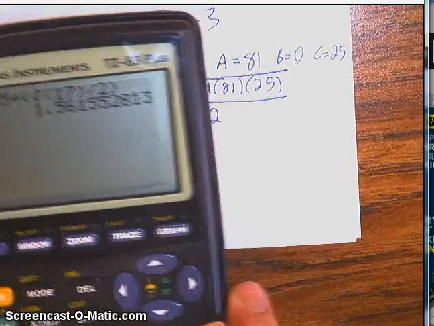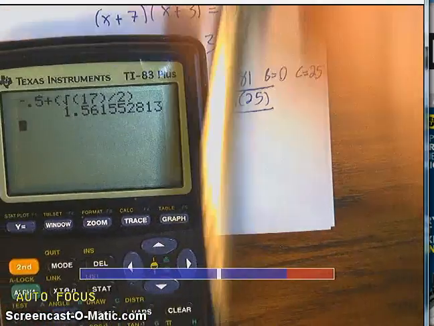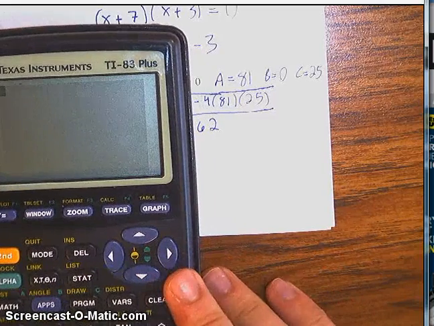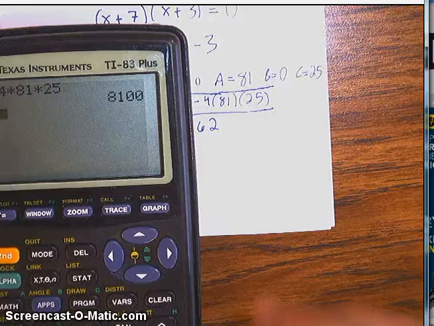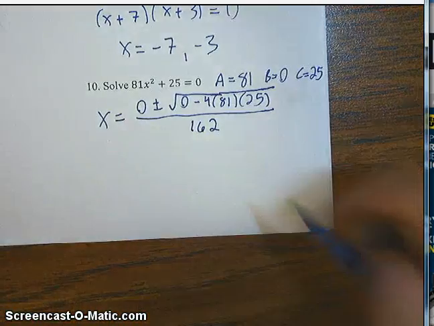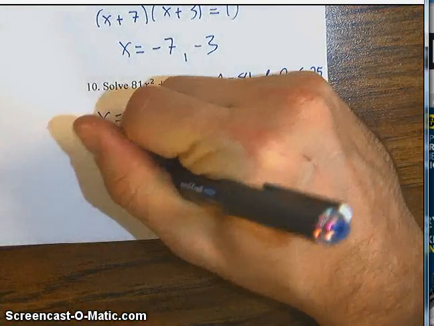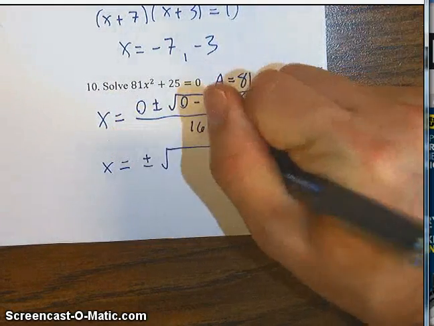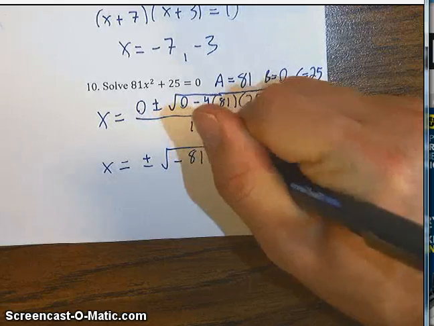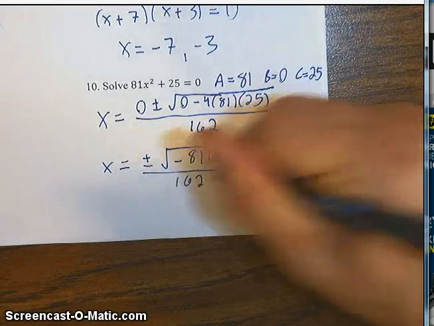So I'm going to do in my calculator, let's see, 4 times 81 times 25 is 8100. So I've got x equals 0 plus and minus anything is just positive and negative. Square root of -8100 all over 162.